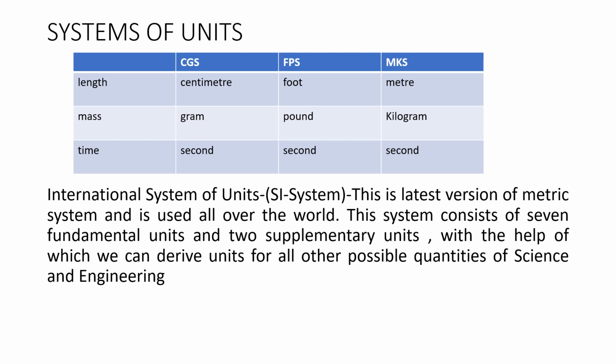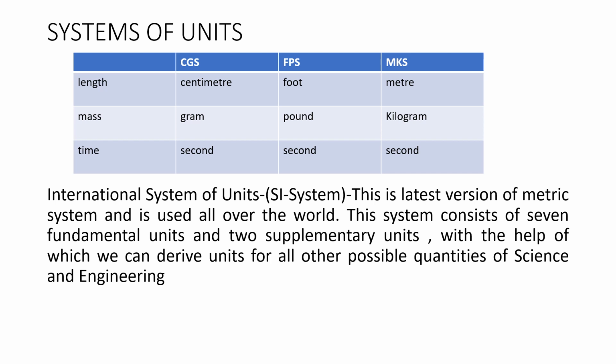These are three systems of units which have been used for measurements of physical quantities since a long time. French system or CGS system, which has units of centimeter for length, gram for mass, second for time.